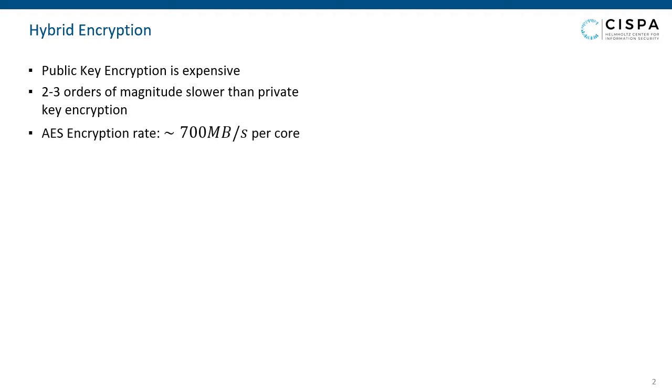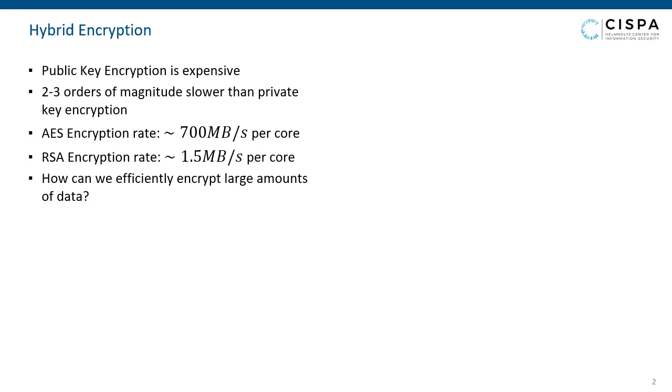As a ballpark, software implementations of AES achieve an encryption rate of around 700 megabytes per second and core. Compared to that, our modern RSA implementations just achieve encryption rates of 1.5 megabytes per second.